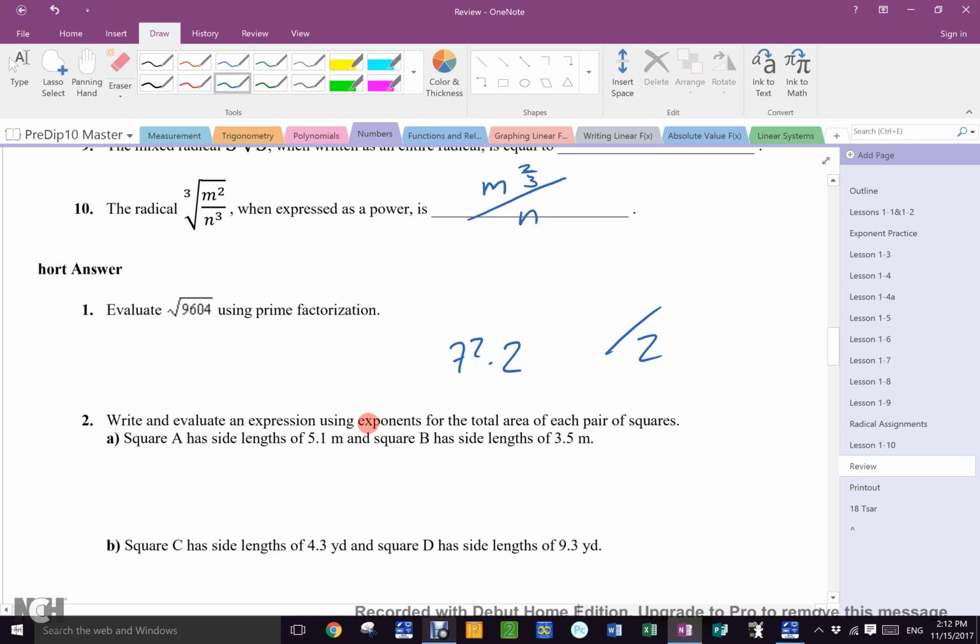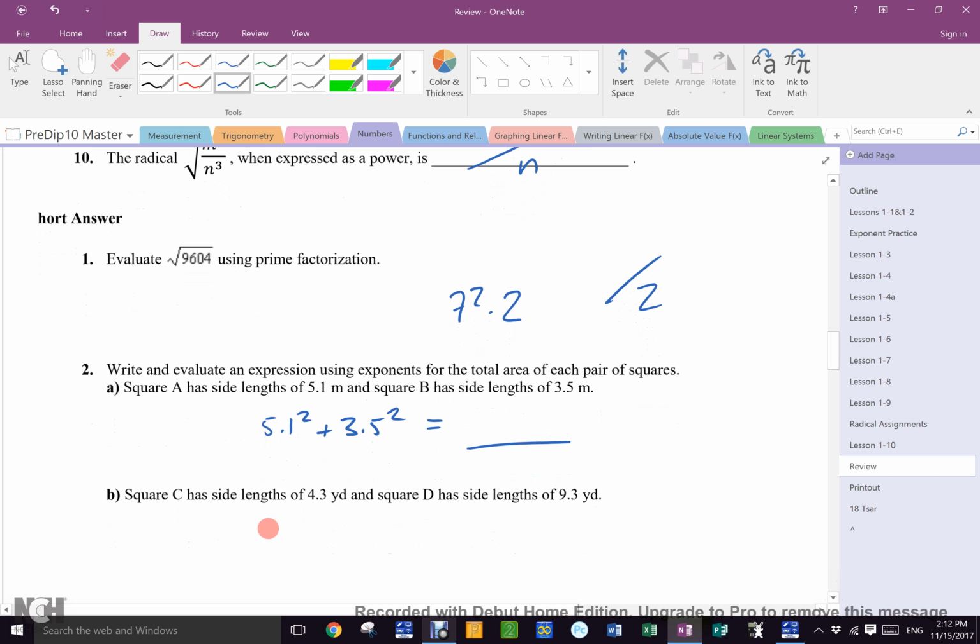Write and evaluate an expression using exponents for the total area of each pair. So I needed 5.1 squared plus 3.5 squared. Write and evaluate, so then you had to evaluate it using your calculator to get an answer. I am not getting out my calculator. 4.3 squared plus 9.3 squared.